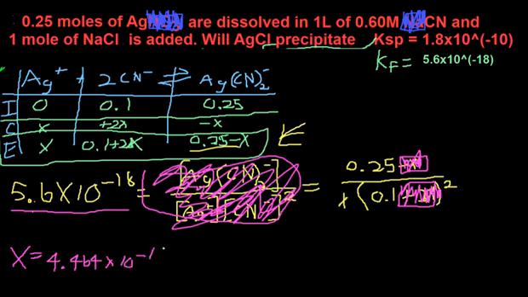Now x equals the concentration of silver, which is important in determining whether or not this will precipitate.